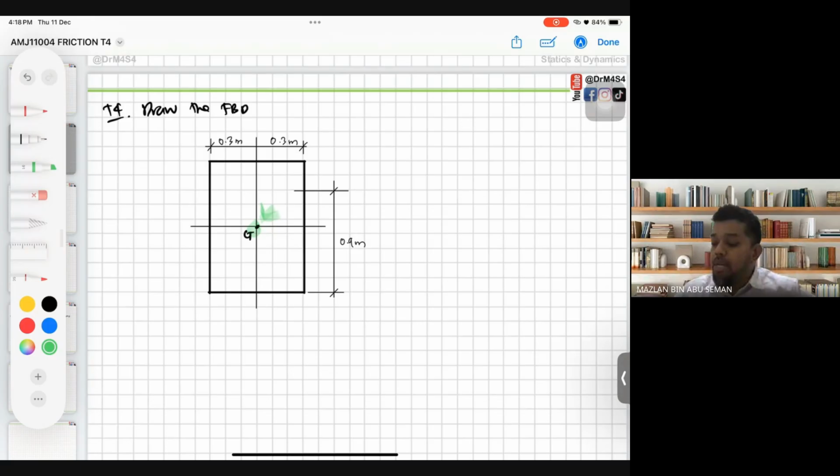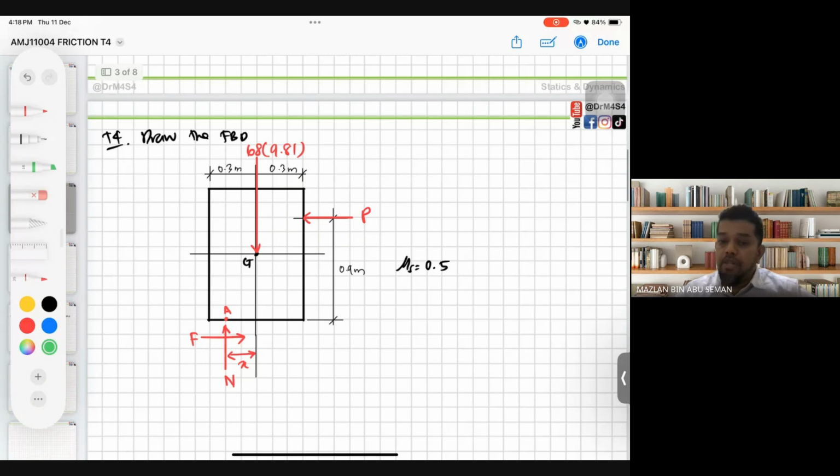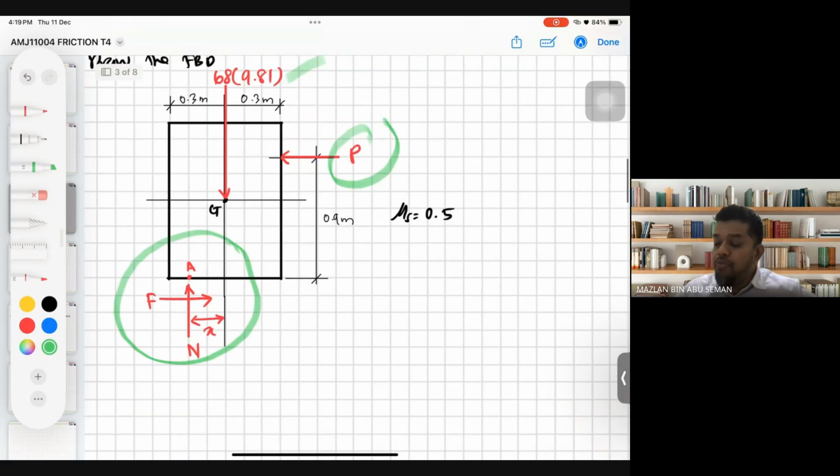So draw the dimension first, then you put all the information given. What is given to us is P, the weight of the crate. You have to convert into Newton, and also the P value, P, the force the man tries to apply to the crate. And then for this part, if you do not understand yet, please study example 3.